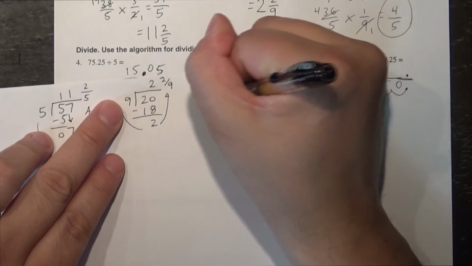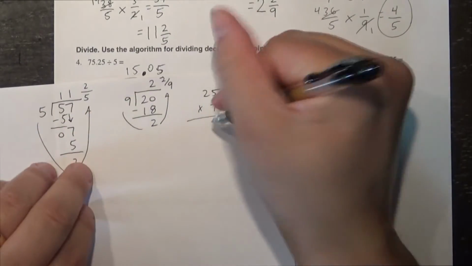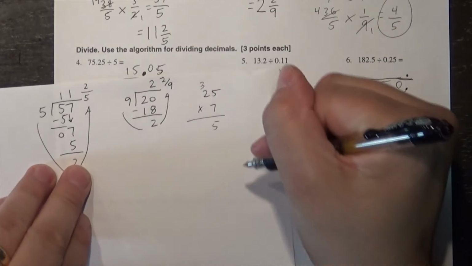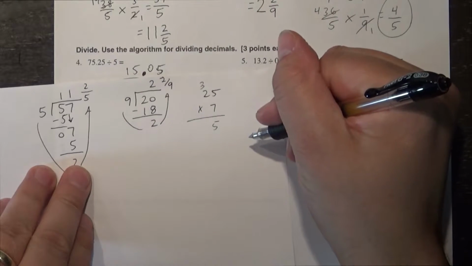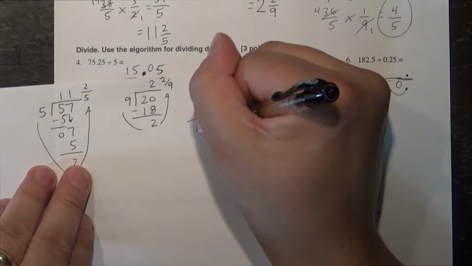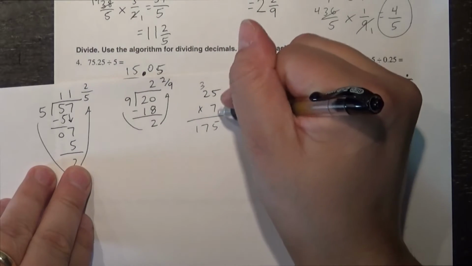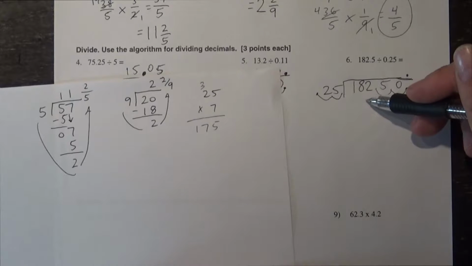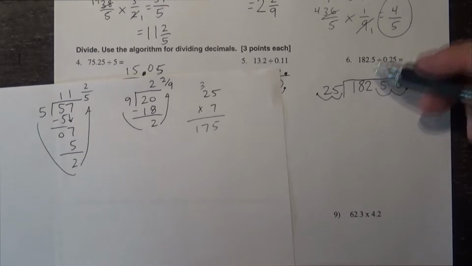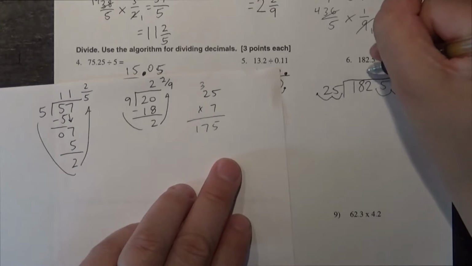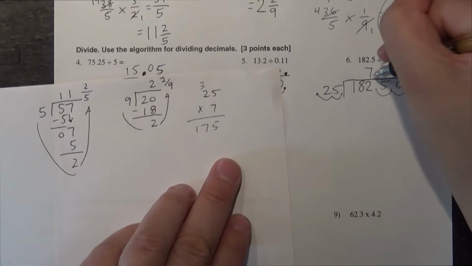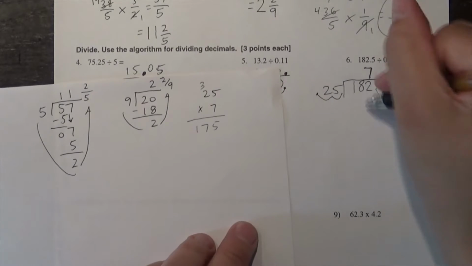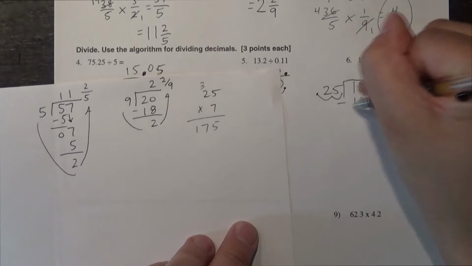So I'm going to take 25 times 7. 7 times 5 is 35. 7 times 2 is 14 plus 3. That's 17. So I get 175. Hey, look at that guess. That's a fantastic guess. So I'm going to write that down. That was 7 times. That would go above my 2. 7 times 25 is 175.